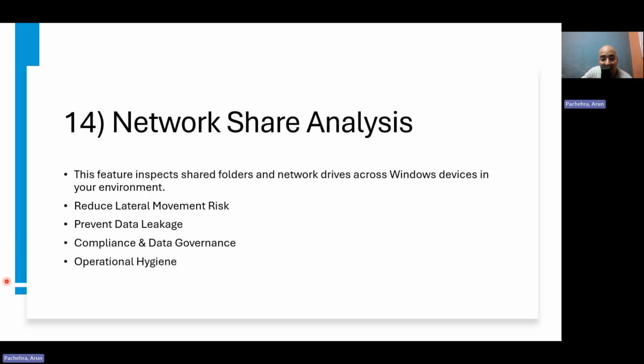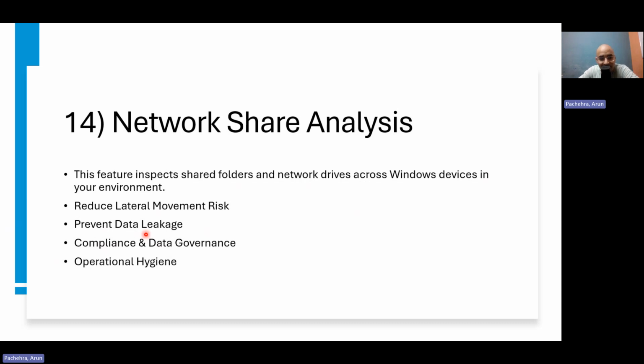So, why do we need it? Because attackers who compromise one device often look for open network shares to spread malware or ransomware. So, it reduces the lateral movement risk. Misconfigured shares are a common way ransomware encrypts files across organizations. Lateral movement, we don't want it. It also prevents data leakage, because sensitive files like HR records, financial data, or source code should not be placed in publicly accessible network shares.